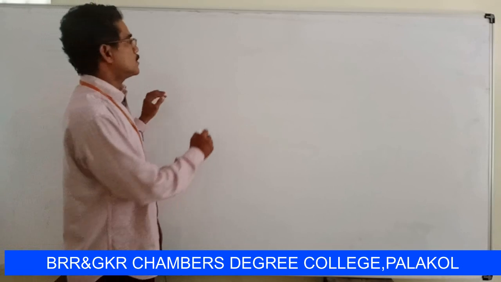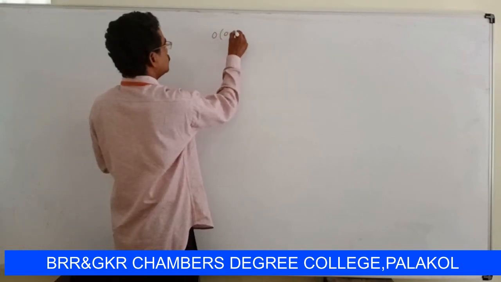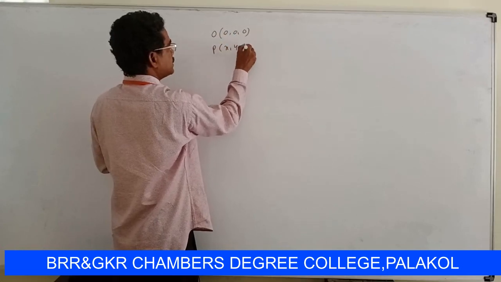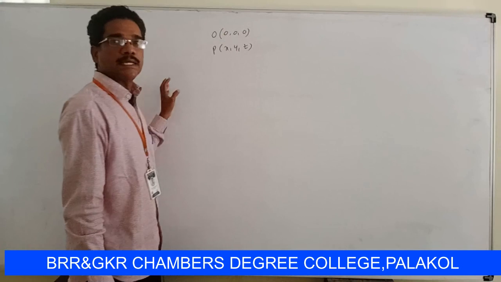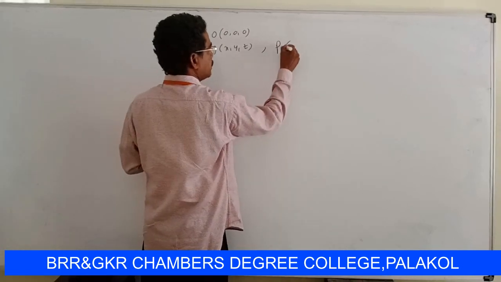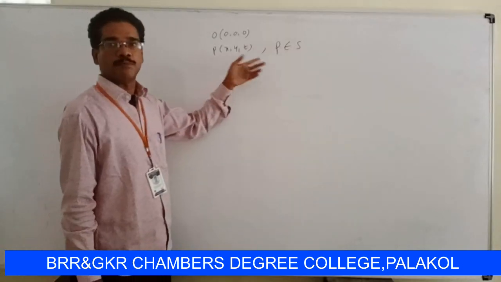Suppose the origin O is (0, 0, 0) and some point P is (X, Y, Z) in space. Suppose P belongs to S, a point in the space.